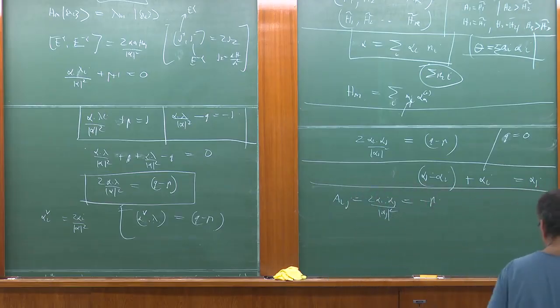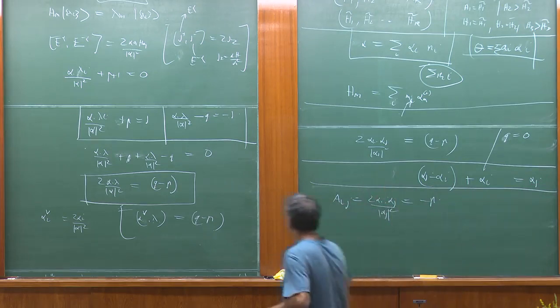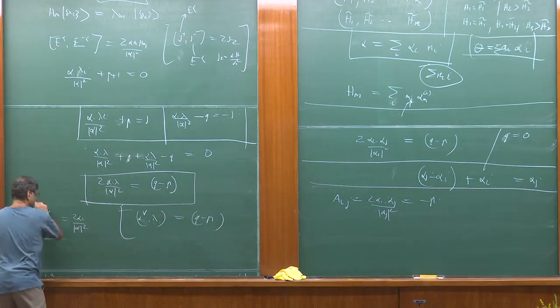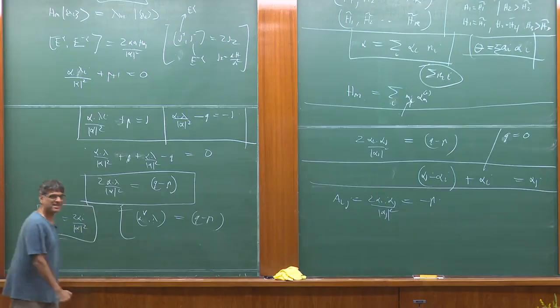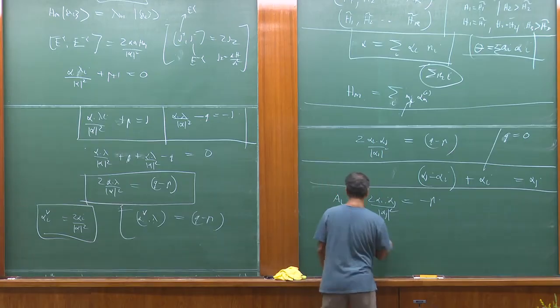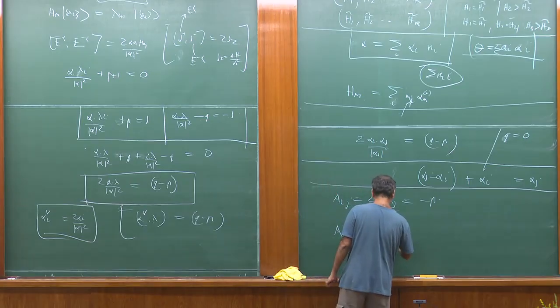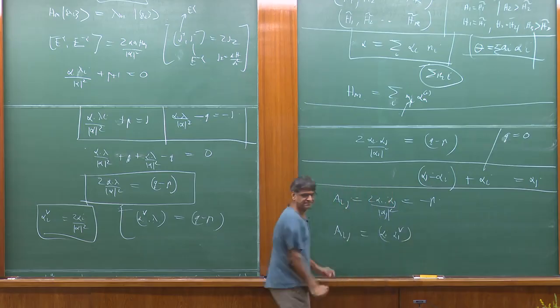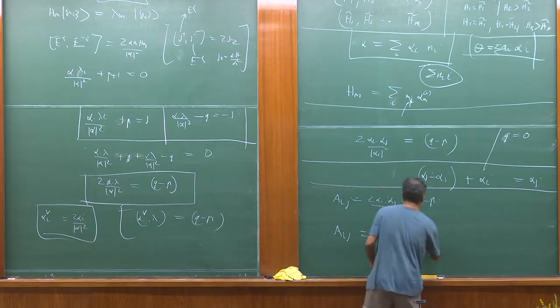You remember we had defined this dual sort of root. So A_ij, if you just look at those two definitions, is the same as alpha i dot alpha j dual, and this is equal to minus p.